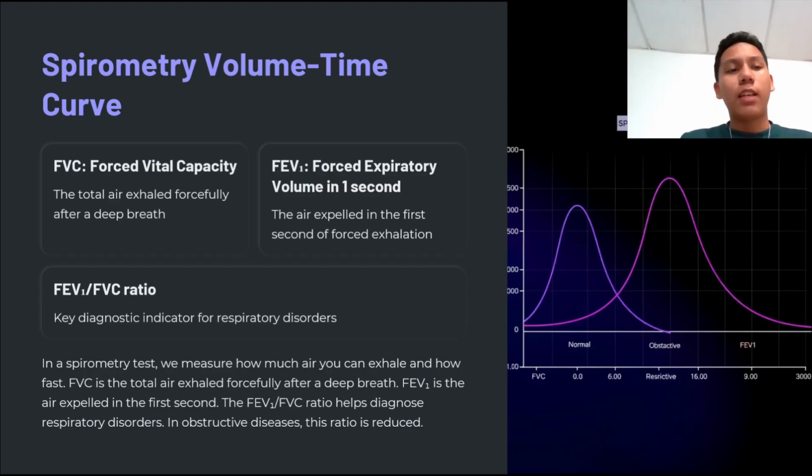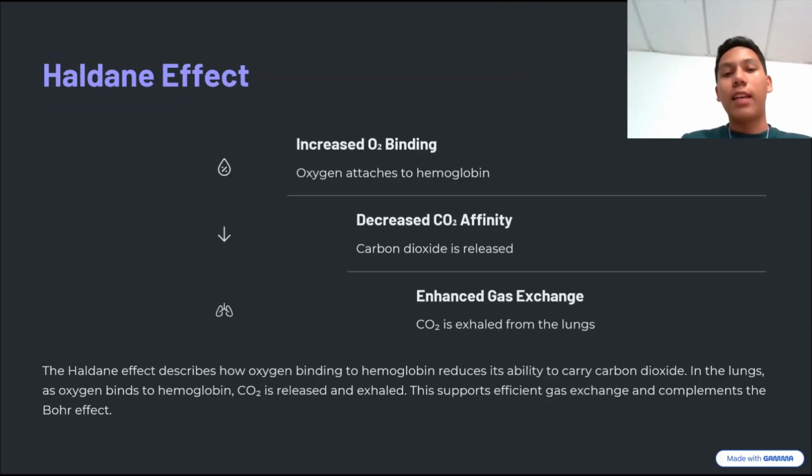As we see here, it shows us the FEV1, which is the volume exhaled in the first second. The FEV1 to FVC ratio helps diagnose respiratory disorders. In obstructive diseases, this ratio is reduced.